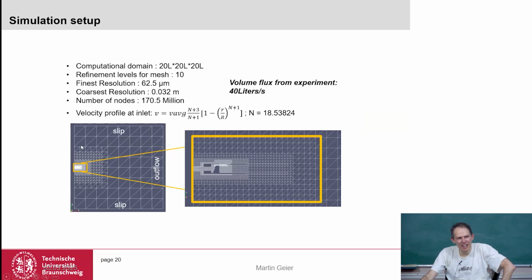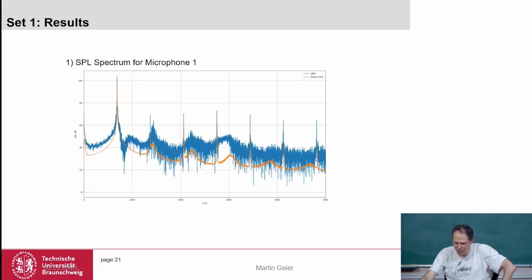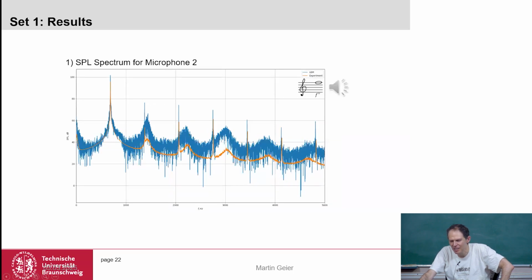So the smallest cell in here is 1024 times smaller than the largest, so that we can resolve the tip and the room. This can be done in lattice Boltzmann, and then you can measure the spectrum of this. It's hardly to see. The orange one was an experiment, and the blue one is the LBM. The LBM is more noisy apparently.